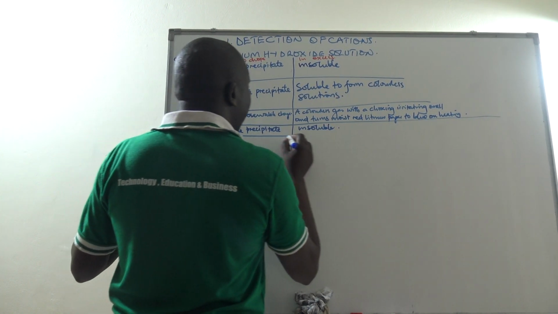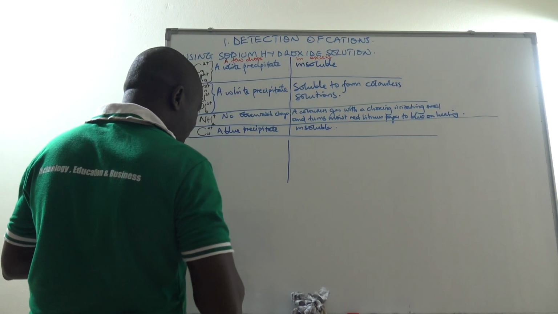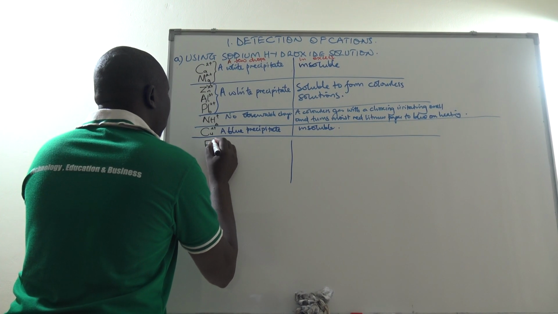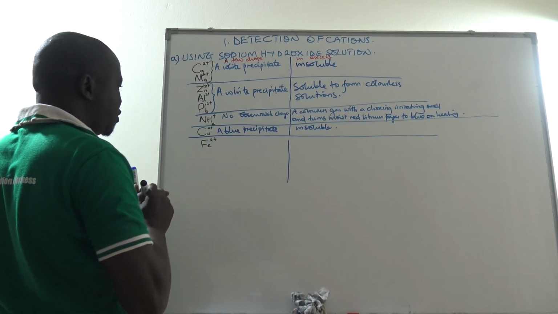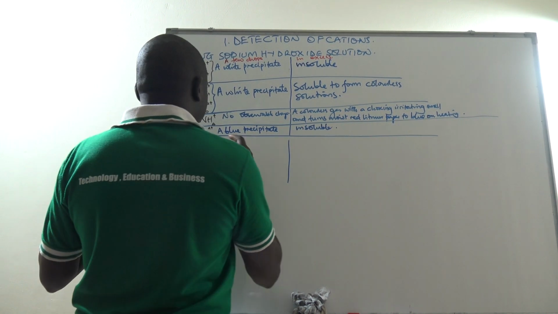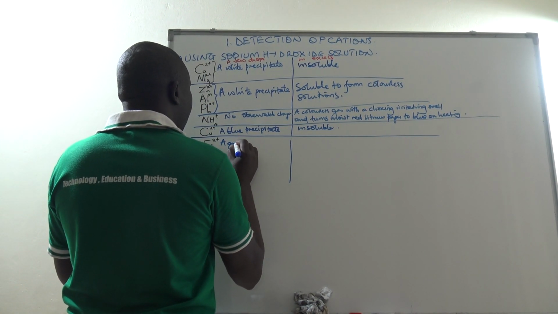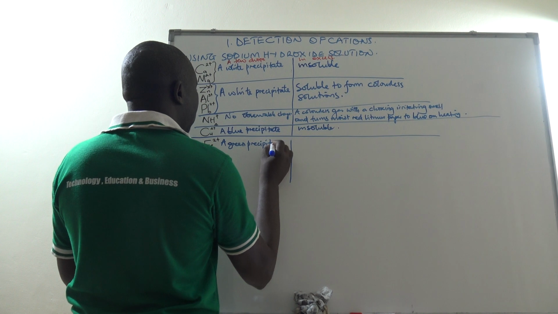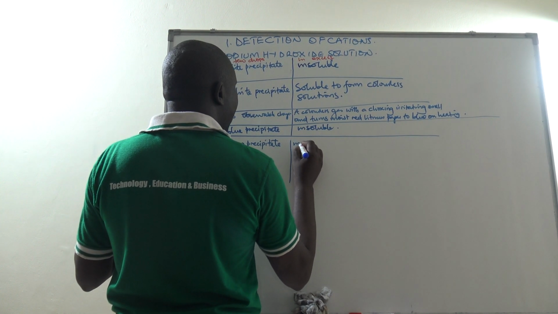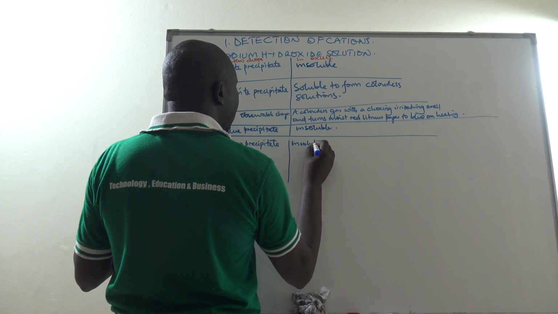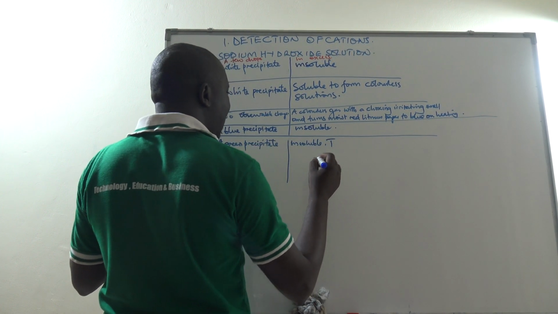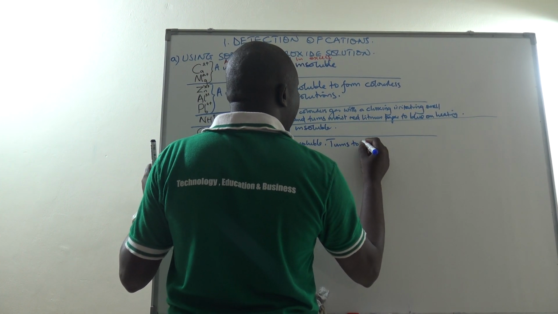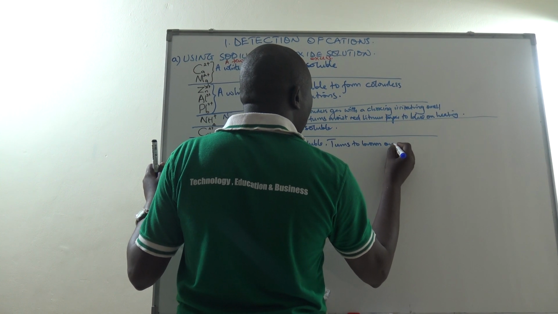Let me make some simple extension here. Then we go to iron 2 ion. Iron 2 ion gives us a green precipitate, and in excess it is insoluble, and then it turns to brown on standing.